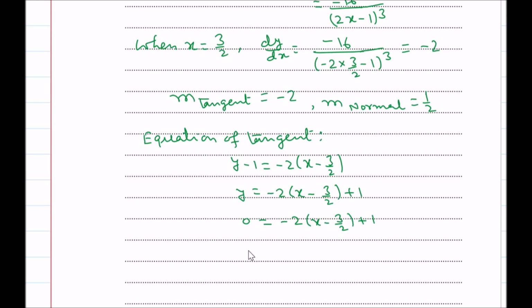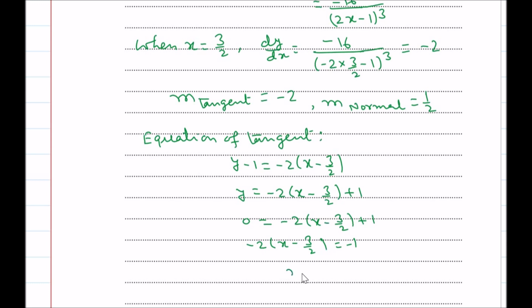So we are solving for x now. We get minus 2 times x minus 3 by 2 equal to minus 1.